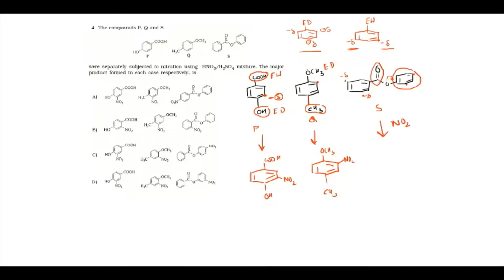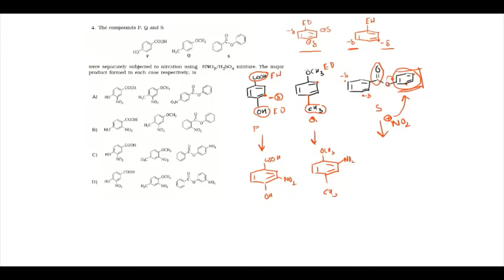NO2 plus is such a reagent, which likes a center filled with electrons, because it is an electrophile, it loves electrons. So it will always attack a ring which has higher electronic charge density. So it will attack the benzene ring which is connected to an electron donor, not an electron withdrawer. So the nitration will occur on this ring which is connected with oxygen directly.